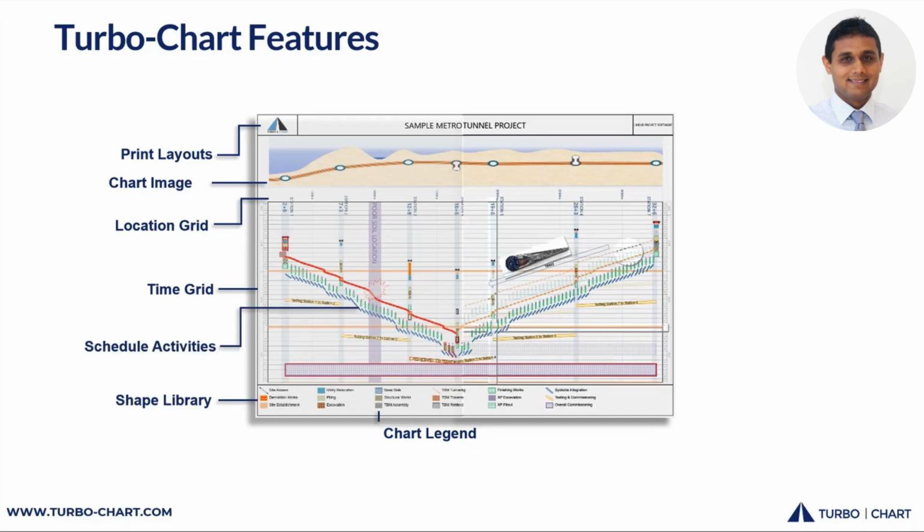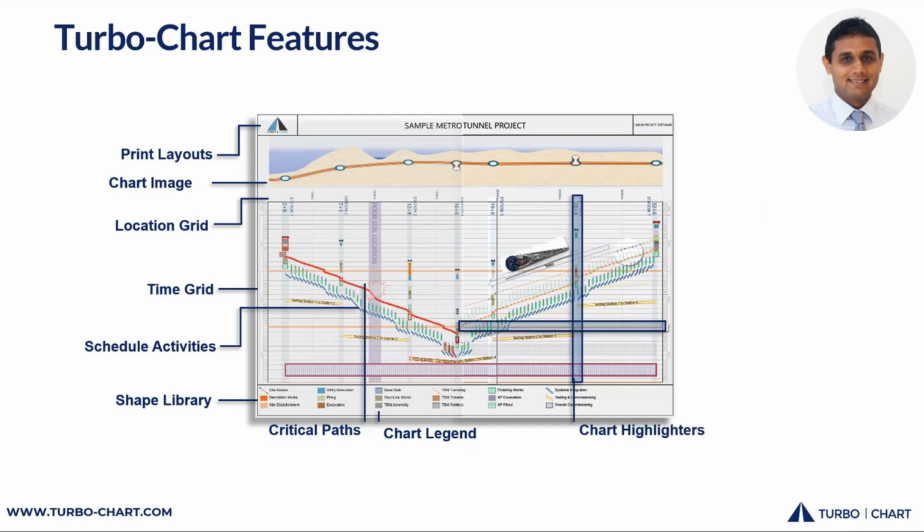Obviously, the scheduled activities are presented on the charts. We can highlight criticality and critical paths as your CPM schedule has determined criticality. Custom grid lines, which is fairly a standard application. One feature that we do have is the ability to overlay multiple versions of schedules.